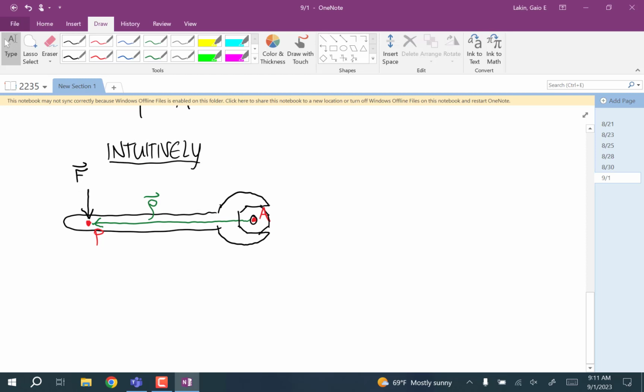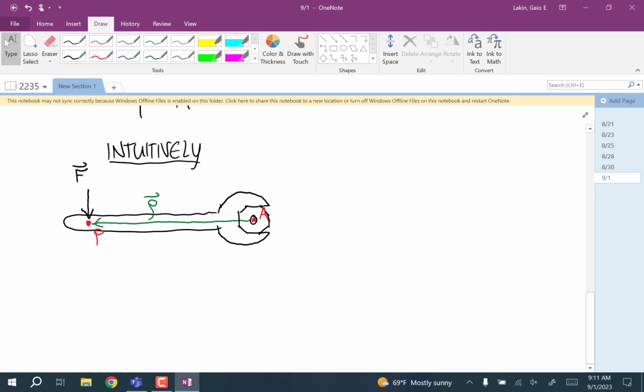Also, what if you applied that force F straight this way? It's the same force. The distance between P and A is still the same, but like pushing on this, it's not going to turn that bolt, right?